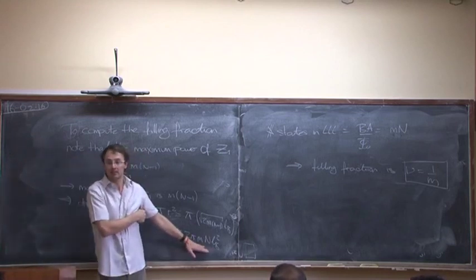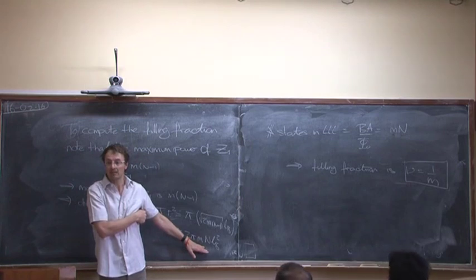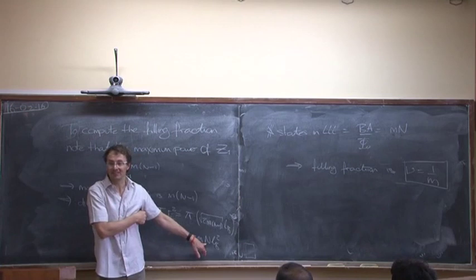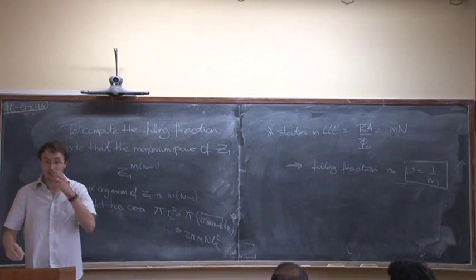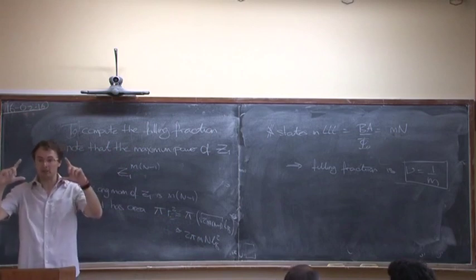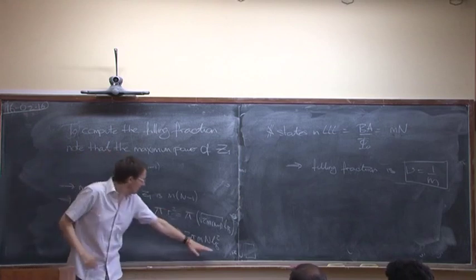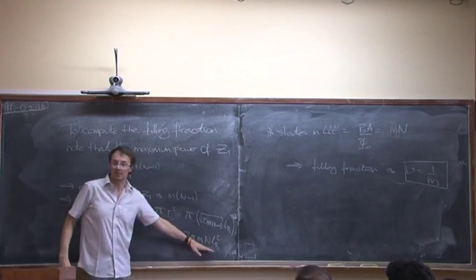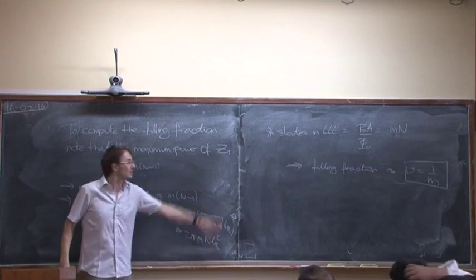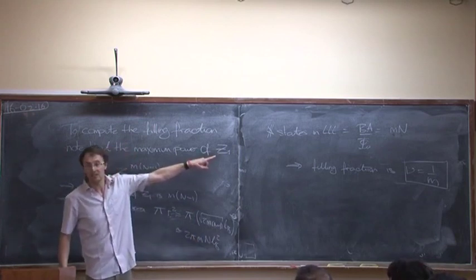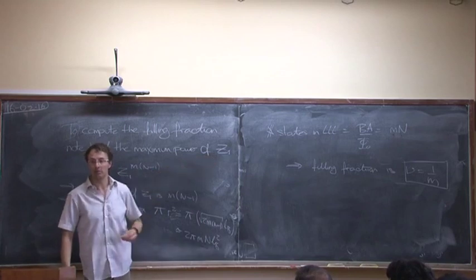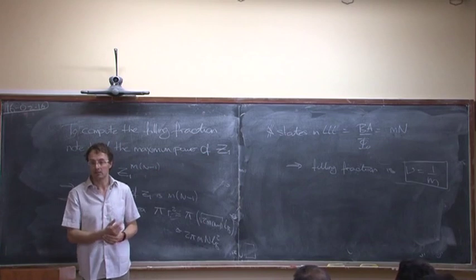But you have more than one particle in the same droplet, right? Yep, I've got n particles in there. This was a wave function for capital N particles, and the size of the wave function we computed was an area of this size. So how many states are in the Landau level of an area this size? Well, it's m times the number of particles in it. So 1 in m of those states is filled. I see.